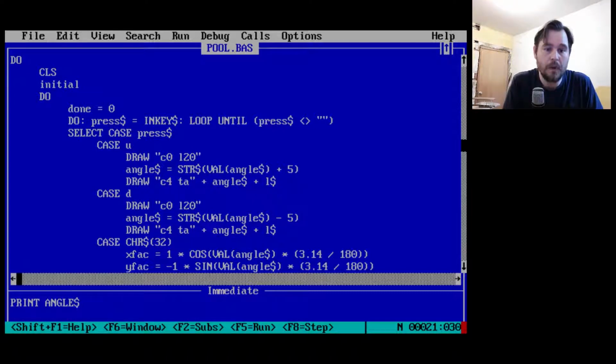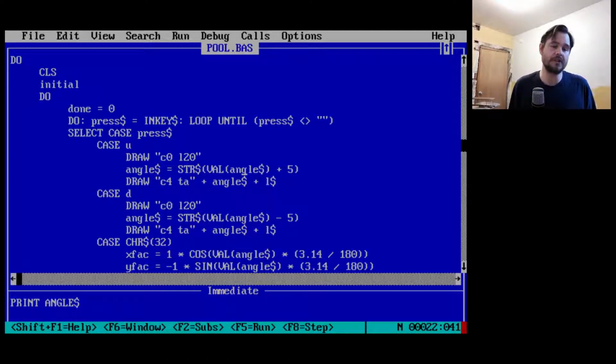red line. So my angle string is a string. What I need to do is add 5 to it. But in order to do that, I have to convert it into a number, add 5 to it, and then convert it back into a string. One thing I could have done was just have angle not be a string, just be a number, and when I wanted to put it in the draw command, convert it to a string.